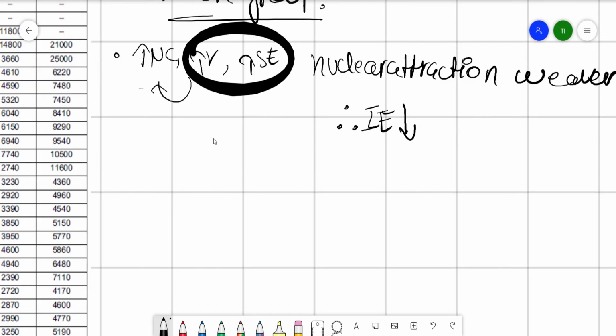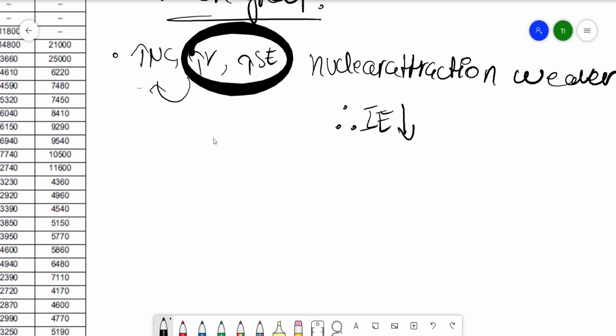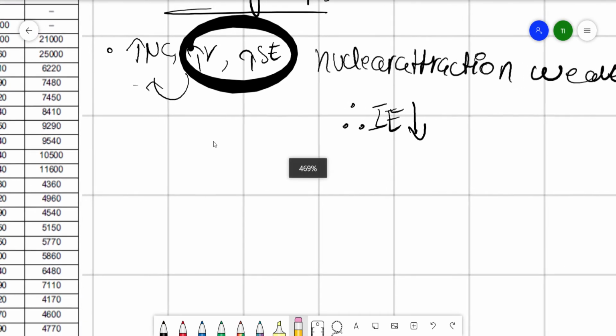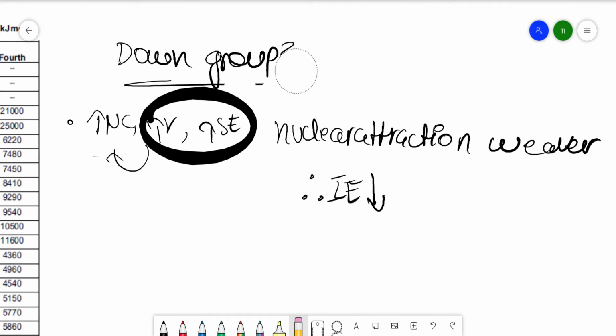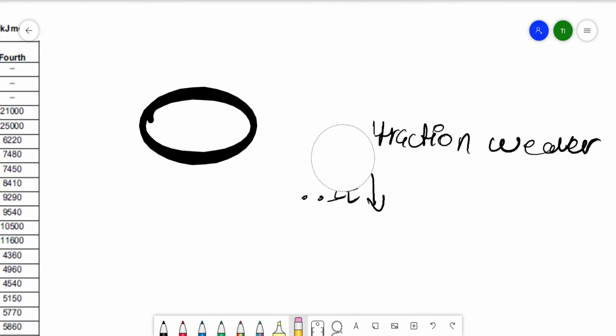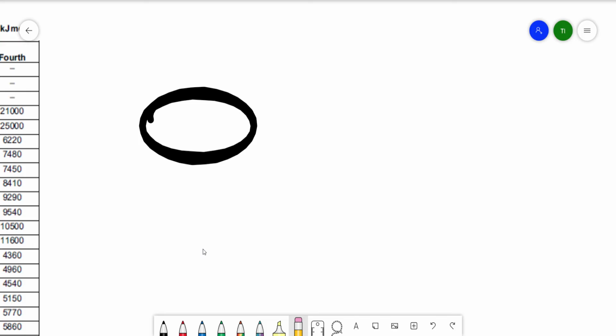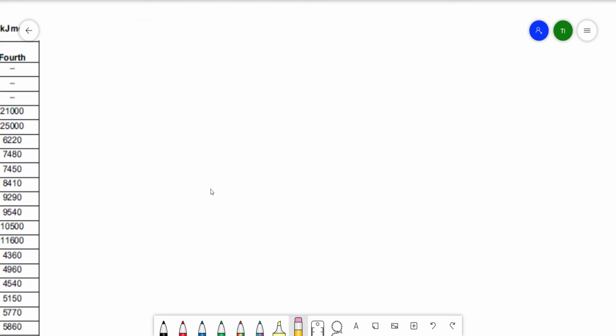Now, there are a few special cases, okay? Remember before I said that across the period, I highlighted the term general.